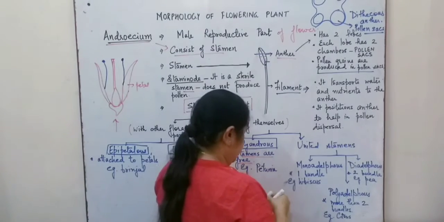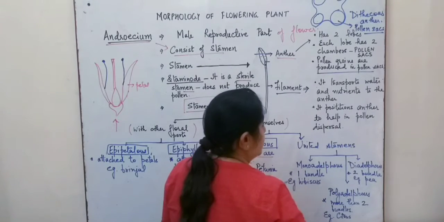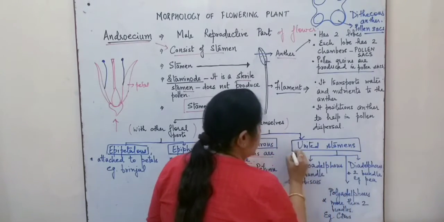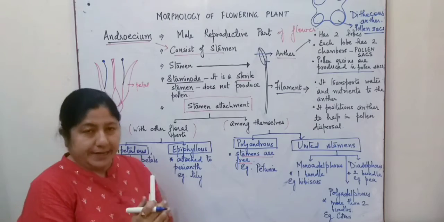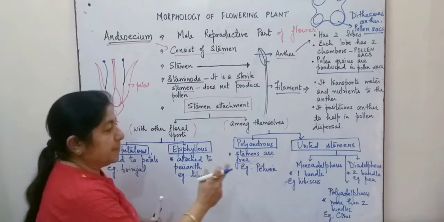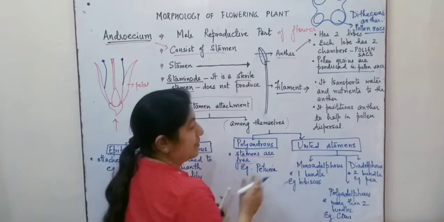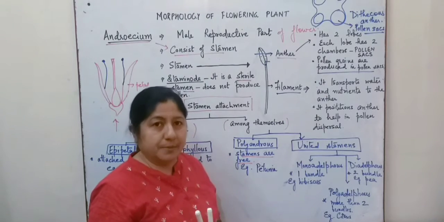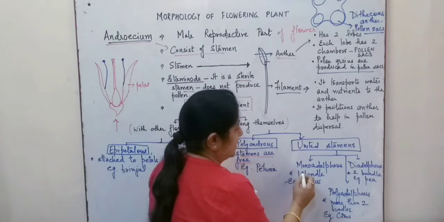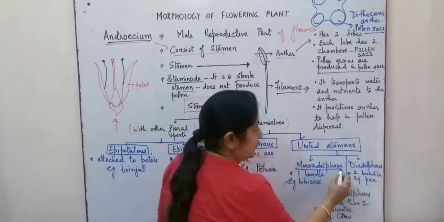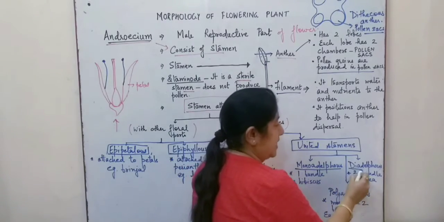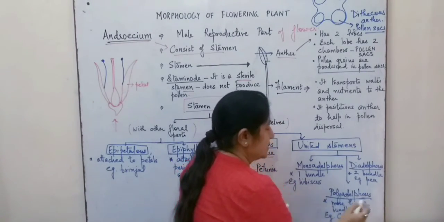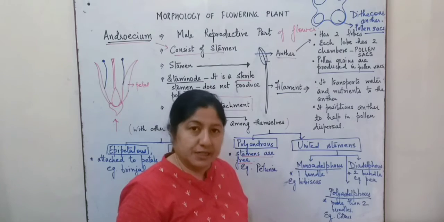At certain times, we find that the stamens are in the form of bundles. They may be united. Depending upon whether they form one bundle, two bundles, or many bundles, they are divided as monoadelphous, diadelphous when they form two bundles, and when more than two bundles are formed, it is known as polyadelphous.